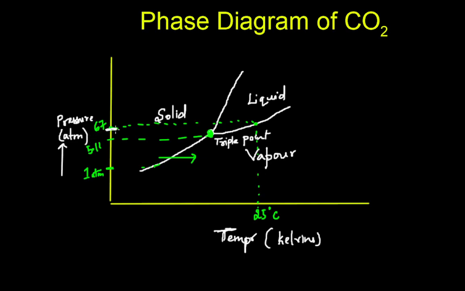Now, cylinders, that is fire extinguishers containing carbon dioxide, generally contain liquid or compressed carbon dioxide gas. So at 25 degrees Celsius, they need to have a vapor pressure of at least 67. If this is your 25 degrees Celsius, they need to have at least a vapor pressure of 67.